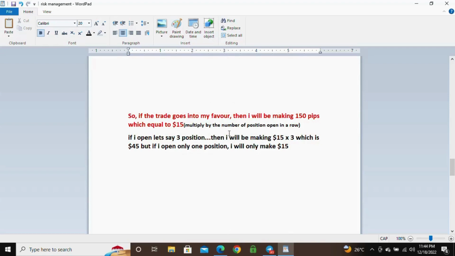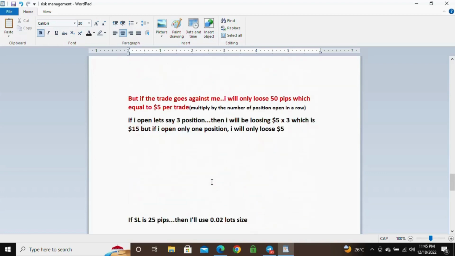Then you can multiply by the number of positions you open. That depends on you. For example, if I open, let's say 3 positions, then I will be making $15 times 3, which is $45. But if I open only 1 position, I will only make $15.